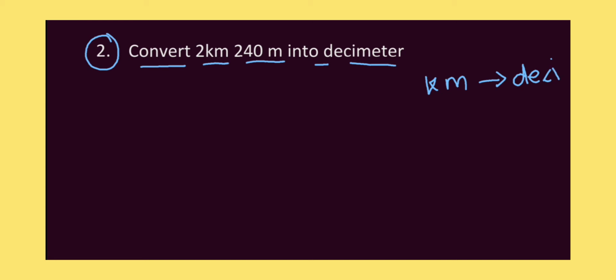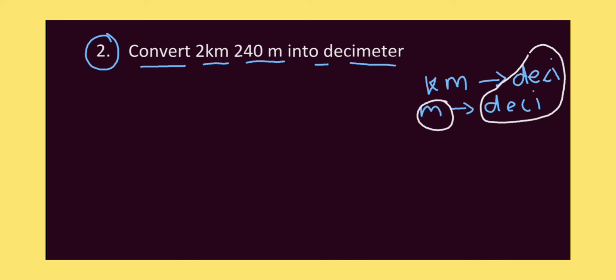Then you have been asked to convert meter to decimeter. So ultimately you have to convert your given quantity into decimeter. Before that, what you will do is convert everything to meter. It will be easier for you. Everything into one unit, which is meter, the most convenient unit.